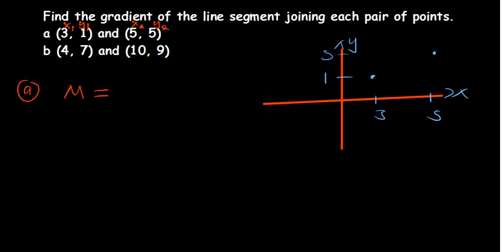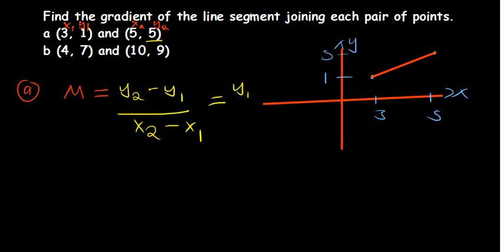You can clearly see that for this one the sloping is upwards, so we expect it to be a positive value. The change in y is y2 minus the first y, divided by x2 minus x1. It doesn't matter whether you start with y1 and then subtract y2. What is important is you maintain the same order for the denominator as well.